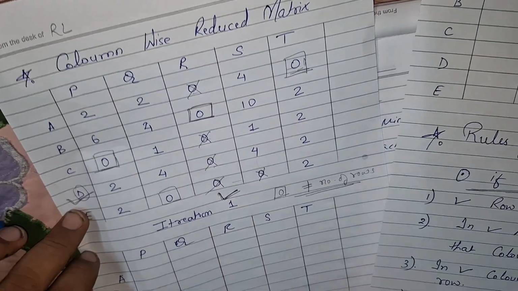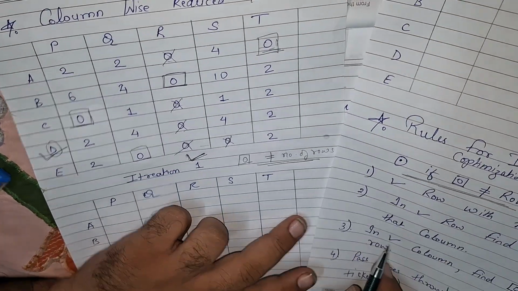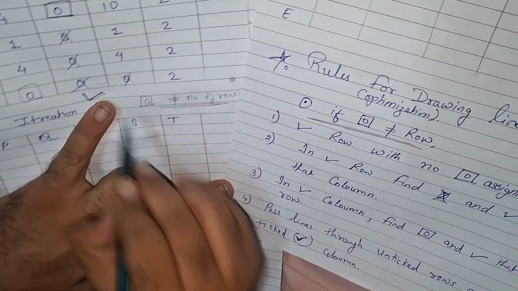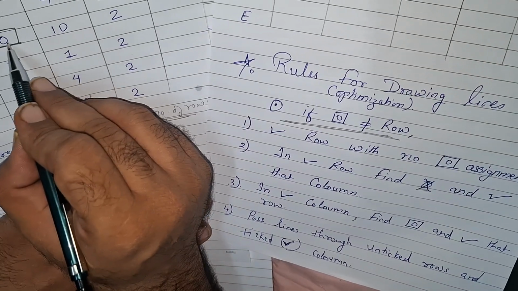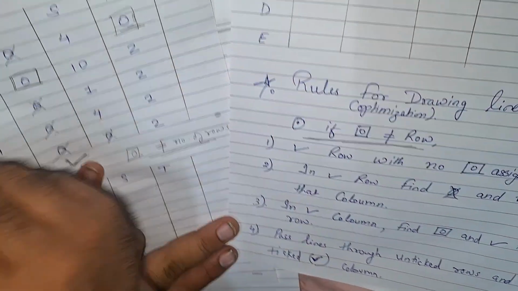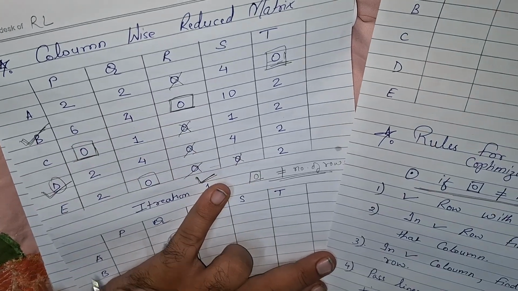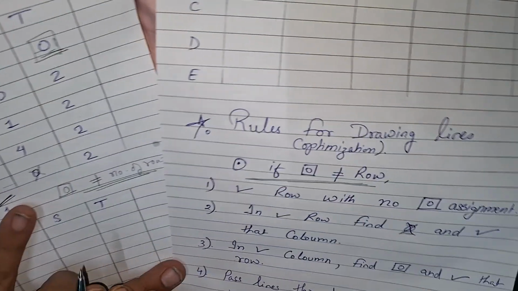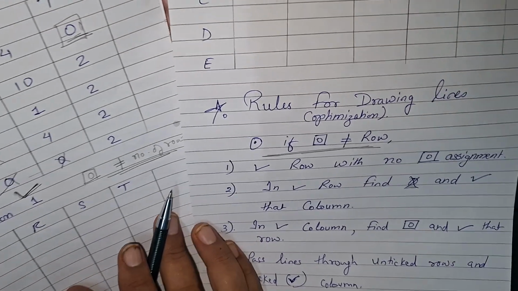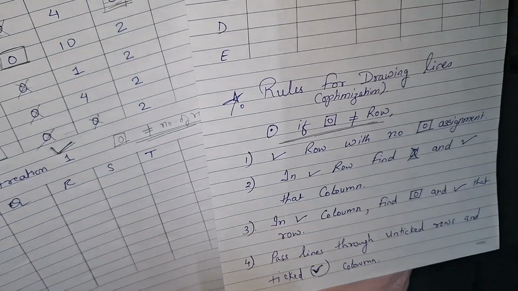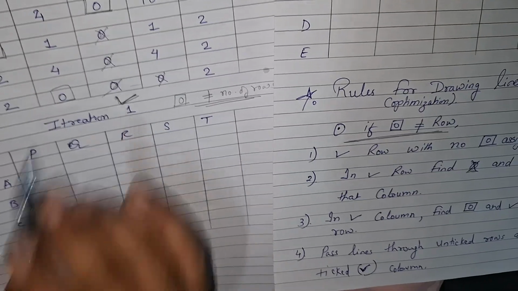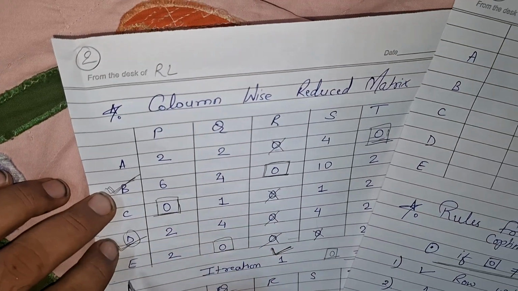Yes, moving towards the third important thing, in that ticked column find the allocated 0 and tick that row. Okay, and yes, once this has been done, you need to draw lines. So first, always remember, for rows draw a line through the non-ticked rows.